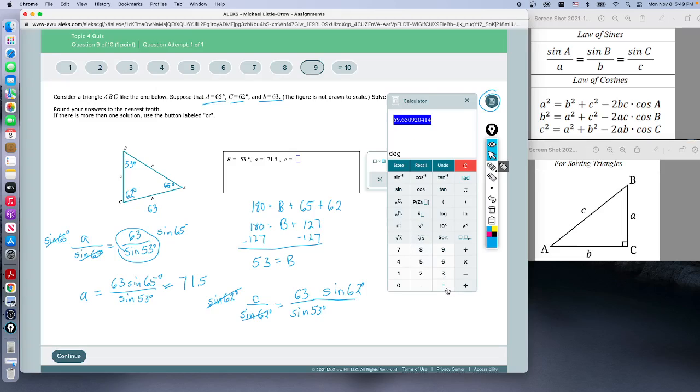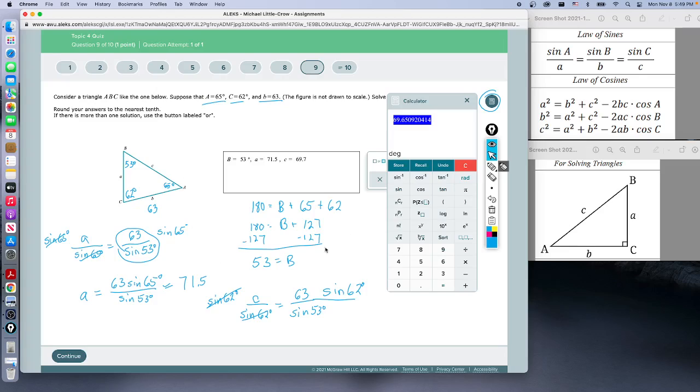And we'll hit enter. It's 69.6, actually rounded up, 69.7. What did I say? 69.8? I was close, but you know. Okay, here we go. 69.7. And those will be the correct answers.